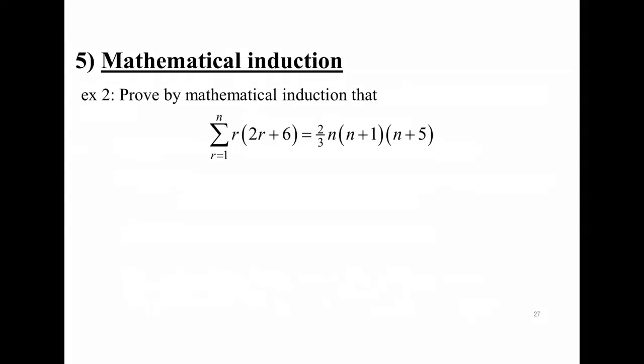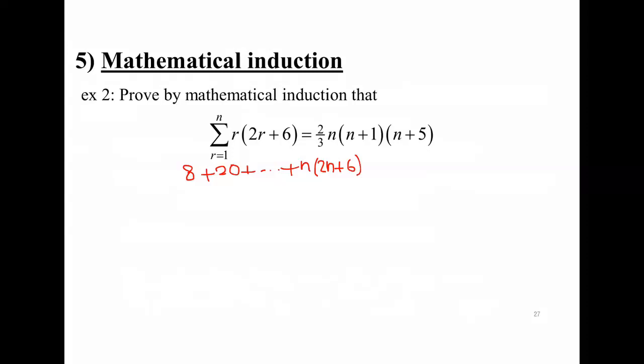You can just expand the sum, starting from r equal to 1 to r equal to n. For r equal to 1, I have an 8. For r equal to 2, I have 2 into 4 plus 6, which is 20. All the way to r equal to n, which is n into 2n plus 6.